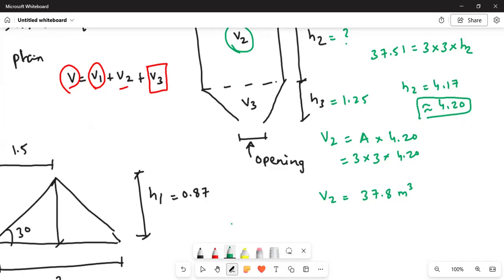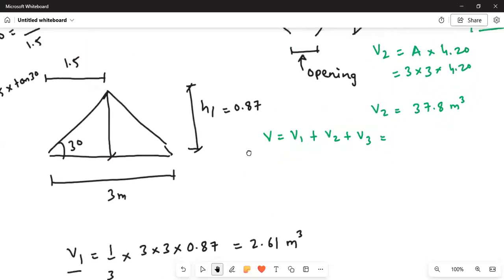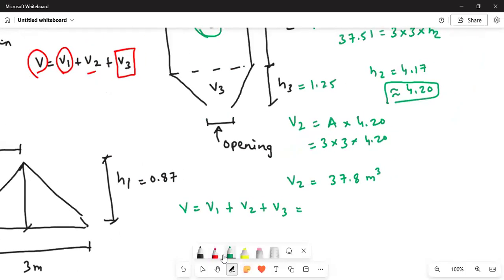Okay, so we can find the actual V1 plus V2 plus V3. What is V1? V1 is 2.61, and V2 is 37.8, and V3 is 4.48.